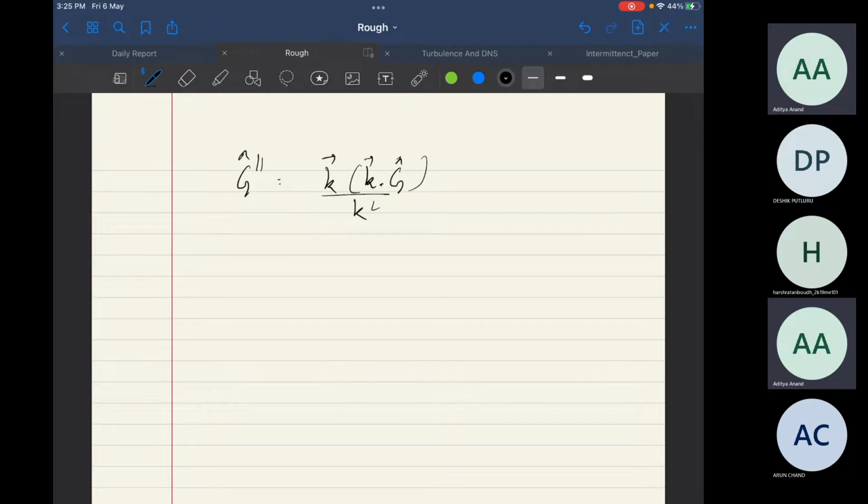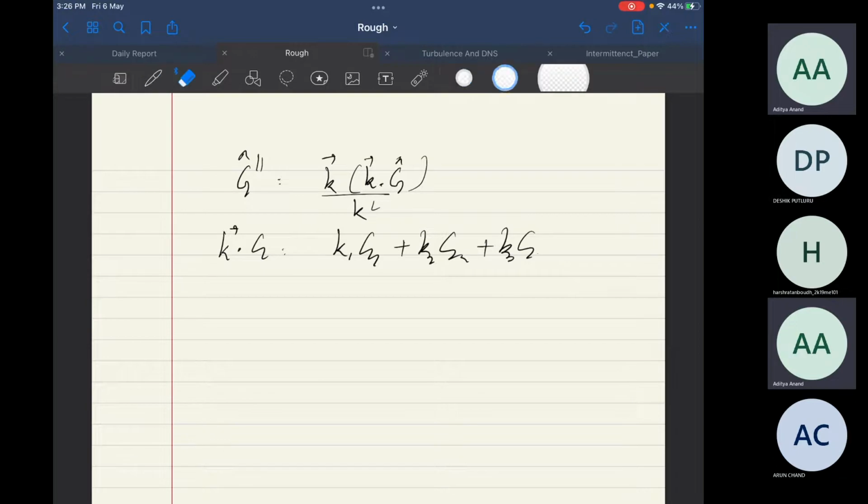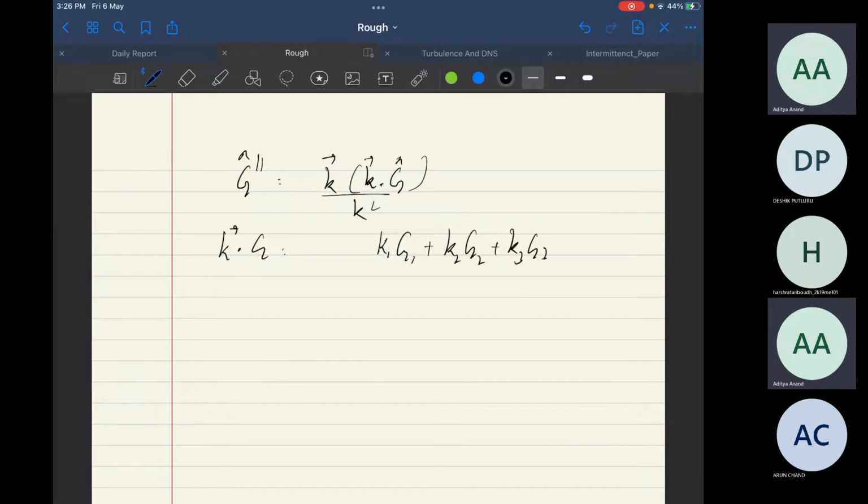And these are vectors. So k dot g will be a scalar. So this is k1 g1 plus k2 g2 plus k3 g3. When you divide it by the magnitude of the wave number vector, you have k square.